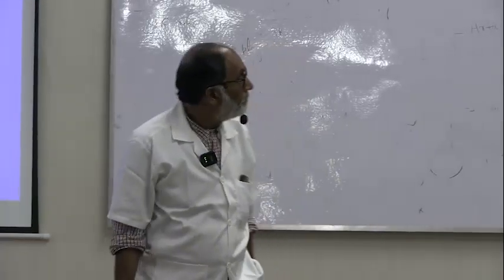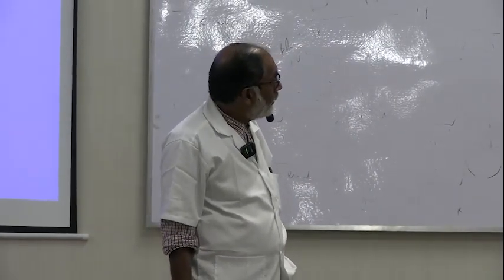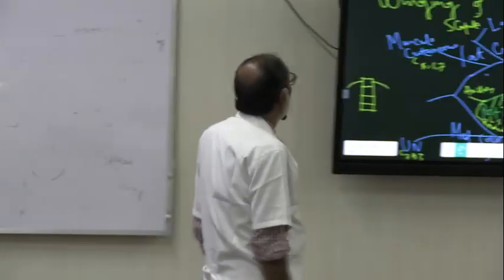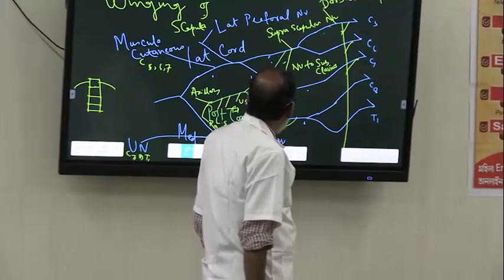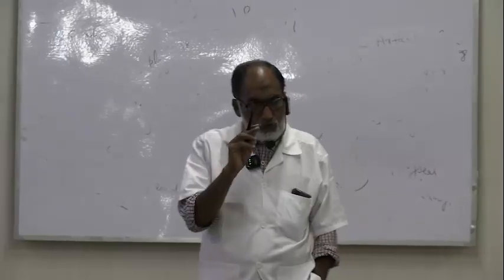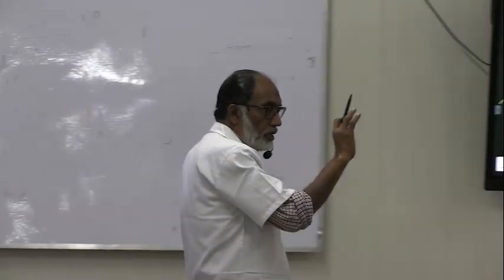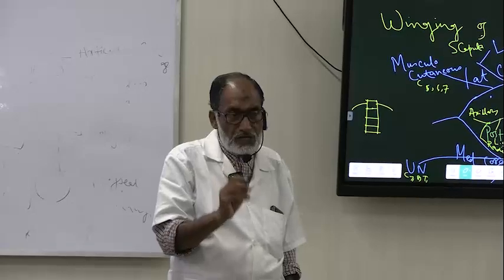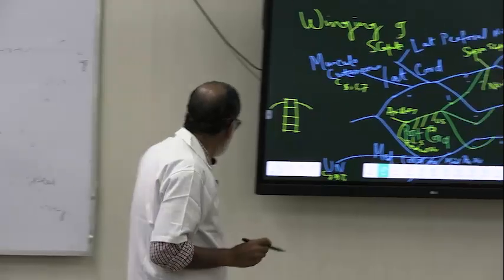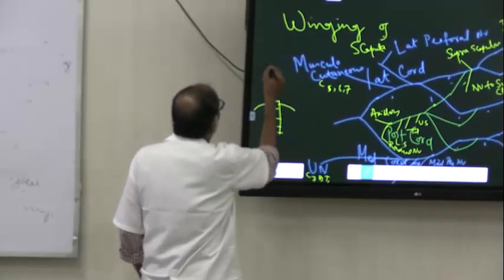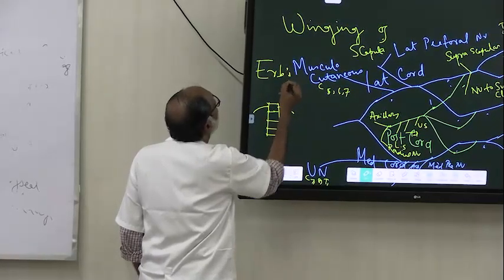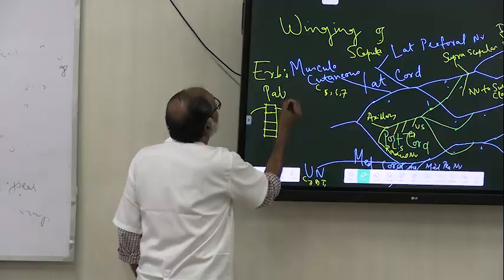Now come to another important condition, two important diseases apart from this: Erb's palsy and Klumpke's palsy. Erb, E-R-B, Erb's palsy, palsy or paralysis.